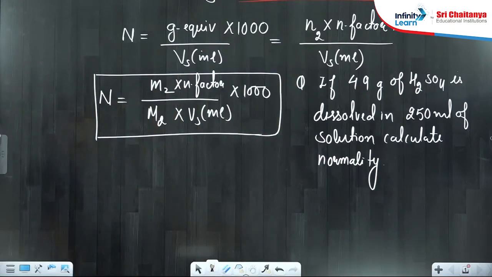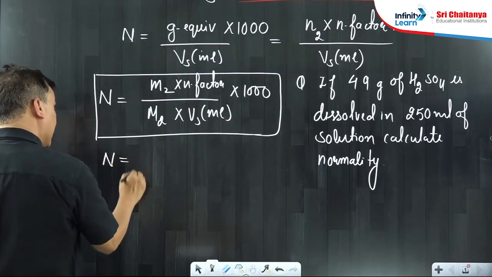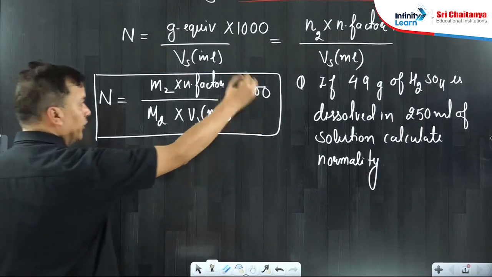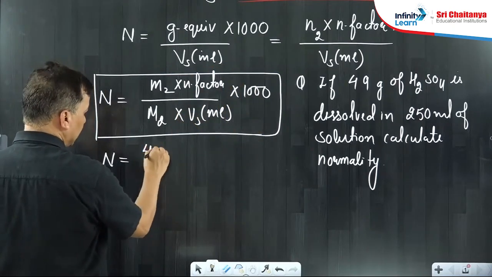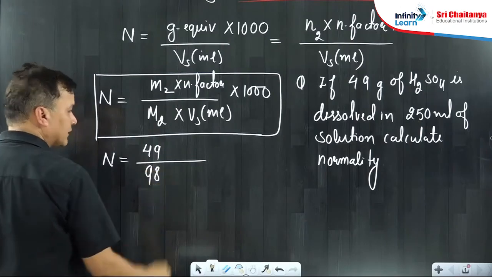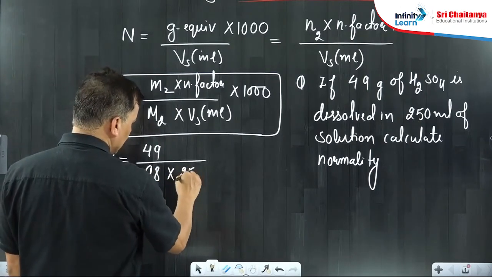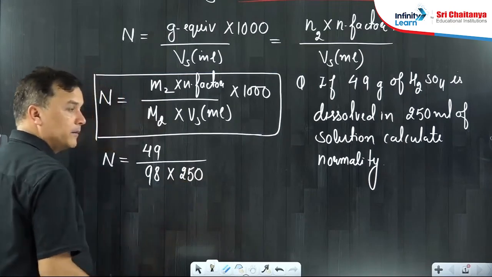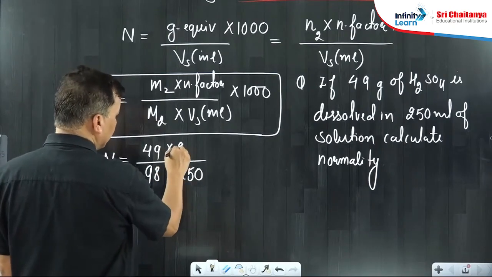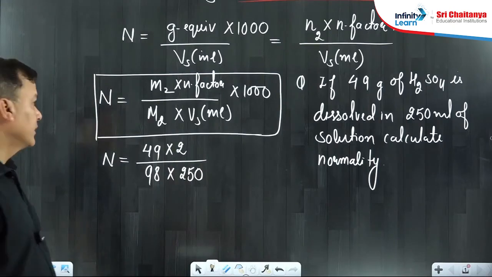You got the question? Dear friend, what are we finding here? Normality. Mass of the solute is 49. What is the molar mass of sulfuric acid? 98. Volume of solution is 250 ml. It has to be multiplied with n factor. N factor for sulfuric acid is 2.